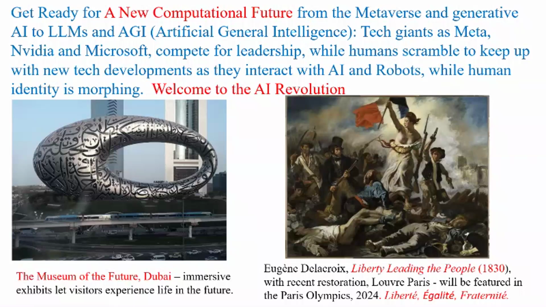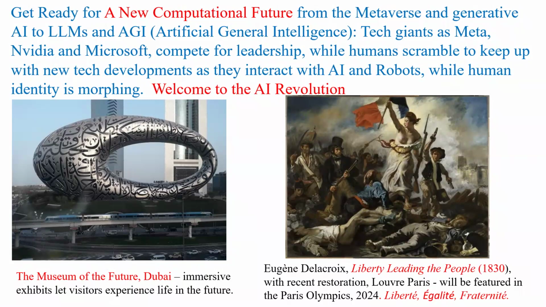This is a get ready for a new computational future, from the metaverse and generative AI to LLMs, and now moving faster towards AGI, artificial general intelligence. So tech giants such as Meta, NVIDIA, and Microsoft compete for leadership, while humans scramble to keep up with new tech developments as they interact with AI and robots, while human identity is morphing.